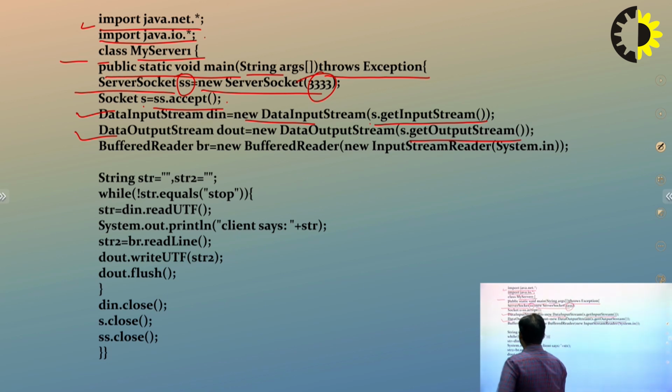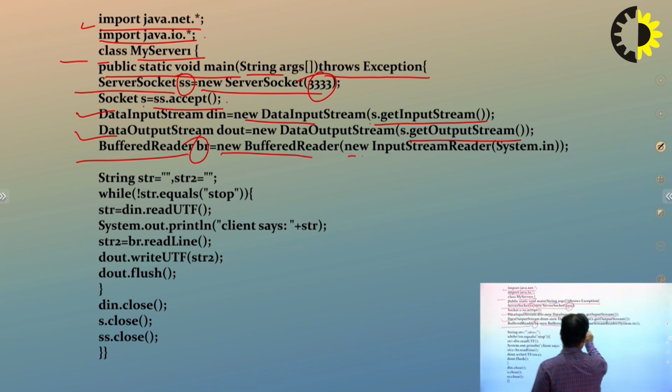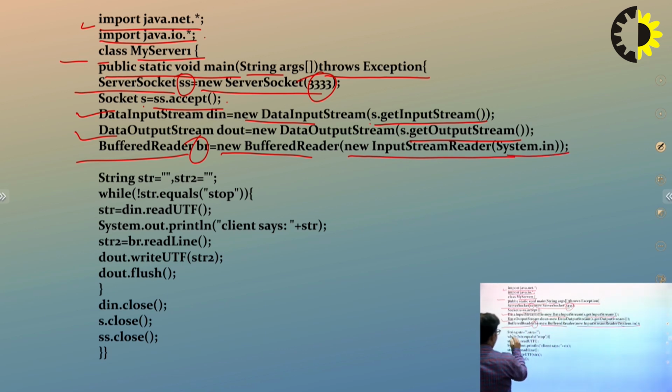Then we will create a BufferedReader br, new BufferedReader, and pass new InputStreamReader(System.in). Here we will use String str and str2, then while str not equal to stop, str equals readUTF, then System.out.println client says, str, then str2 equals br.readLine, then writeUTF str2, then flush.